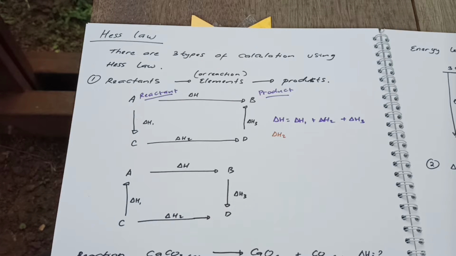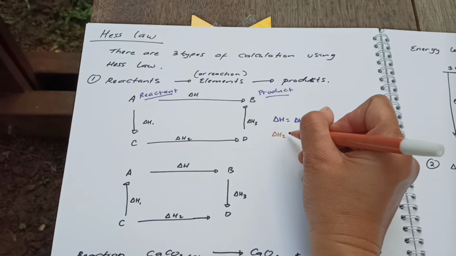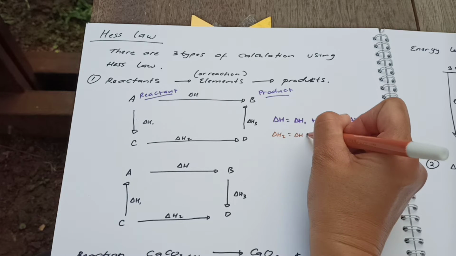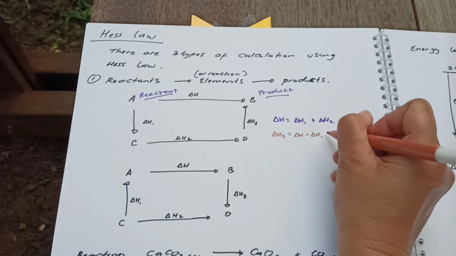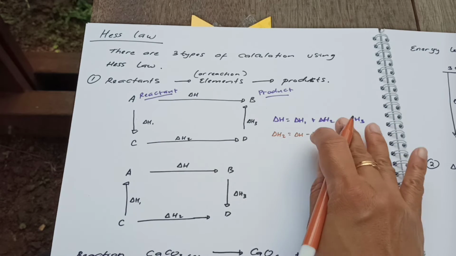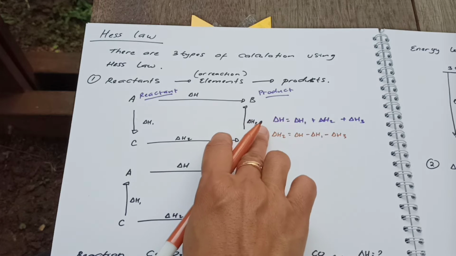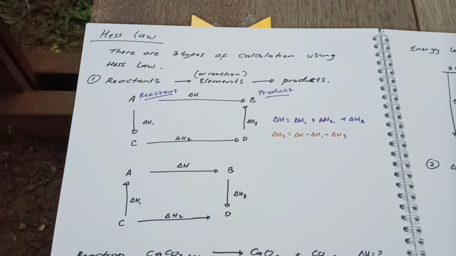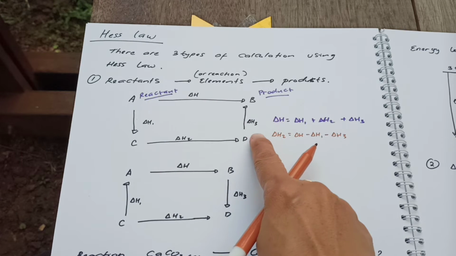Everything will be moved to the other side. So delta H2 will be delta H minus delta H1 minus delta H3, because this one all moves here. Same way with finding delta H3.